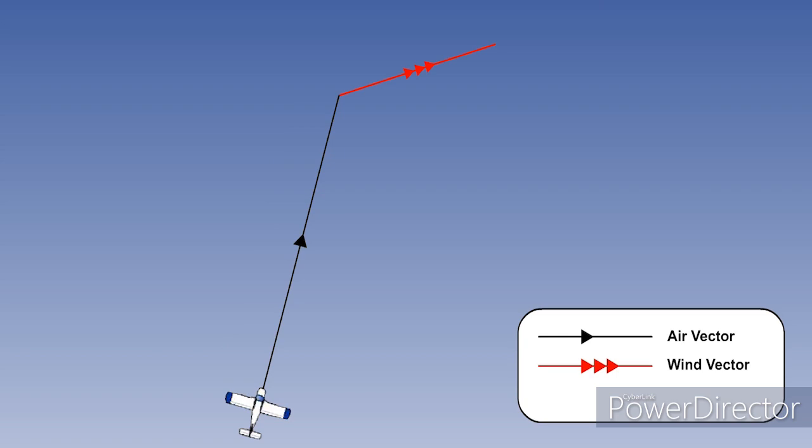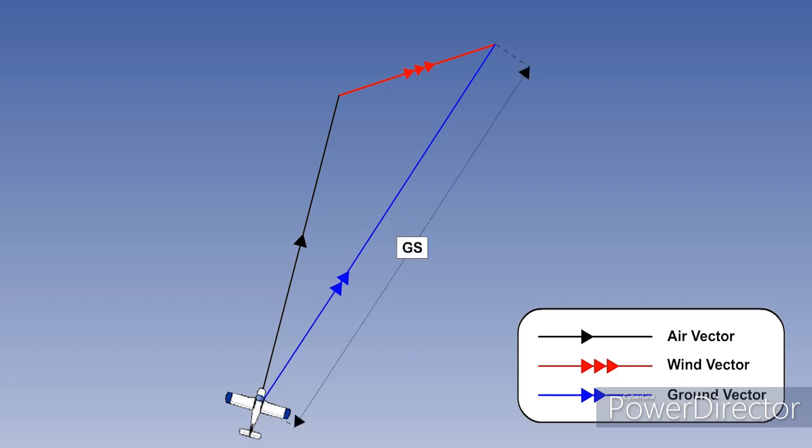The second side is called the wind vector. The wind vector has a length which corresponds to the wind speed, and it points in the wind direction. The line joining these two vectors is the resultant vector, the ground vector. The ground vector has a scale length which corresponds to the ground speed, and it points in the direction of the track.